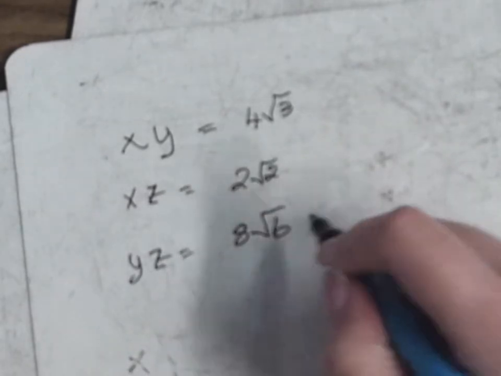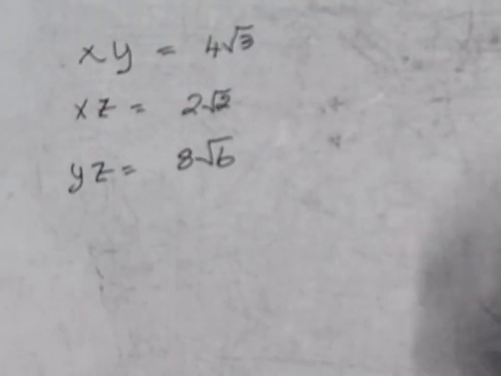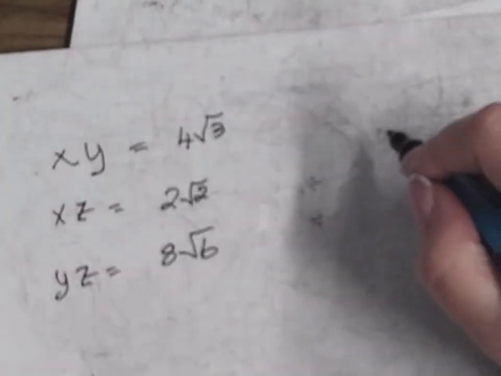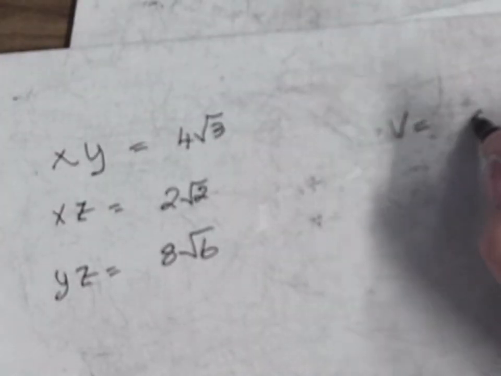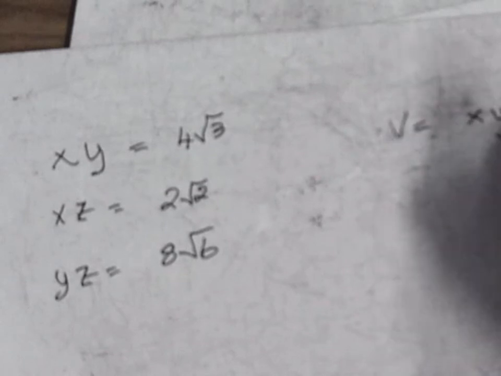Now there's a couple of ways to do this. I want to get the volume, so the volume is x multiplied by y multiplied by z.